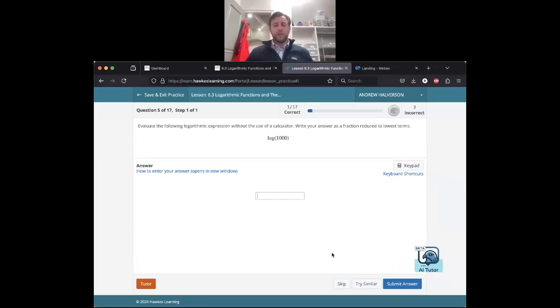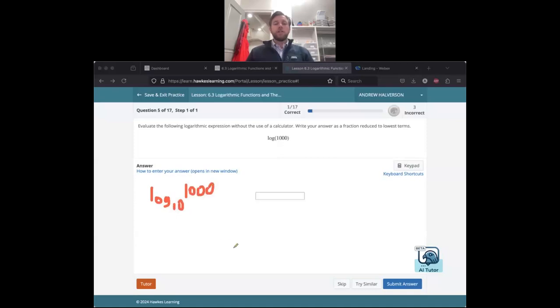So use the calculator. This one you could just type in on your calculator, a log of 1,000. By the way, this asks you to do it without your calculator. When you have just the log there and no base, the implied base is 10. So this would be written in long form as log base 10 of 1,000.